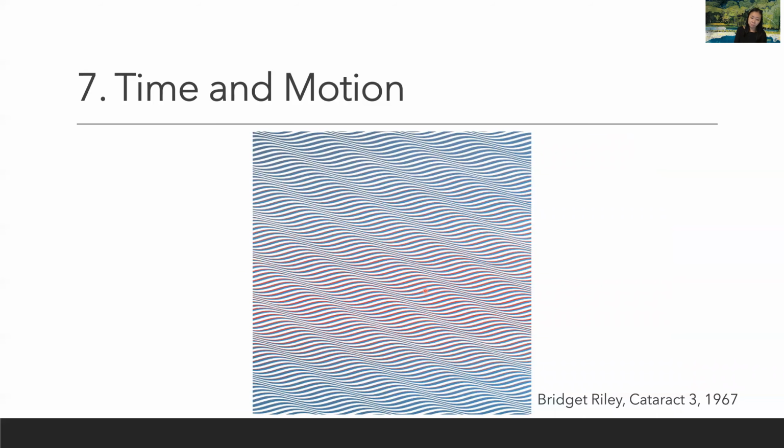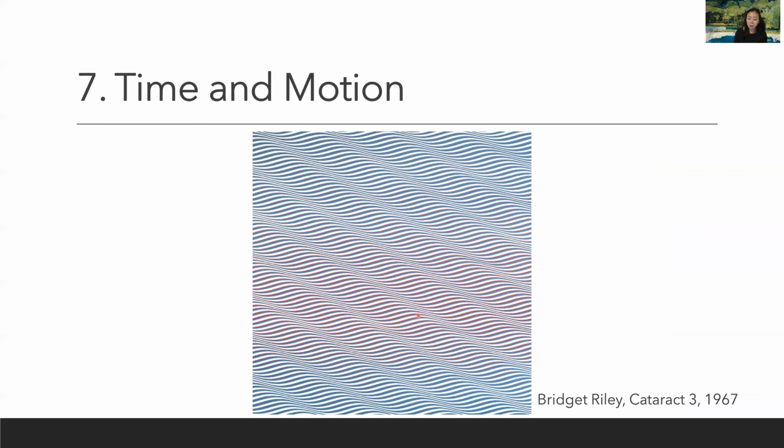For example, there is a noticeable sense of movement when we look at Cataract 3, a work made by the British artist Bridget Riley.